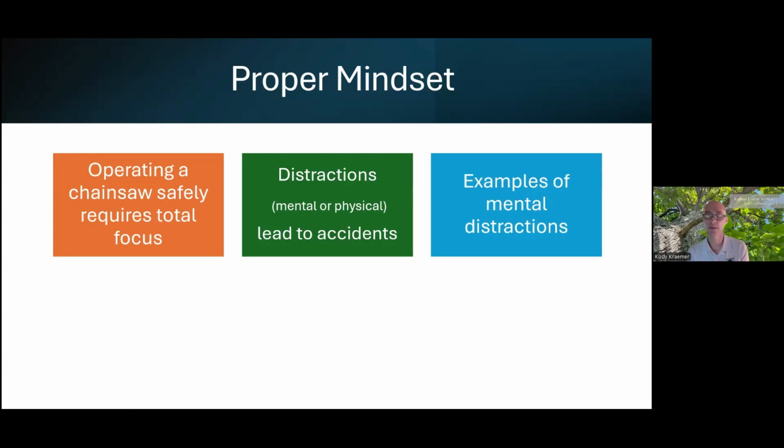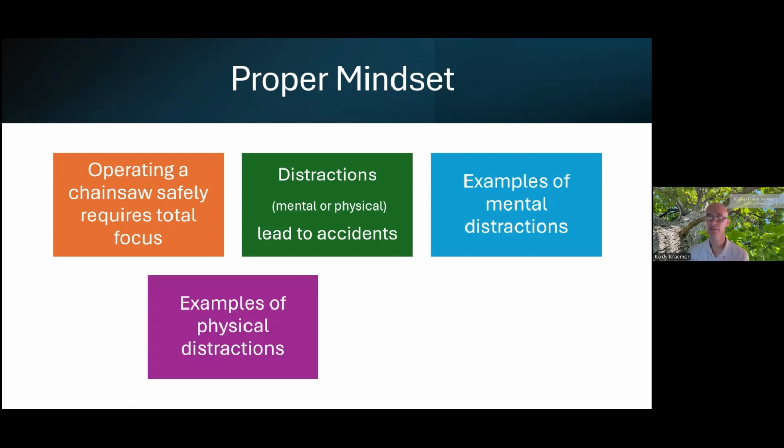You might also be thinking about a past argument or a disagreement with someone that we care about, and that past argument's living rent free in our consciousness. That's a mental distraction, right? So we're constantly bombarded by things like that in our lives, and we need to remember to focus on the task at hand when we have a dangerous tool in our hand.